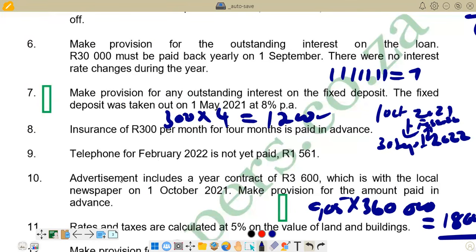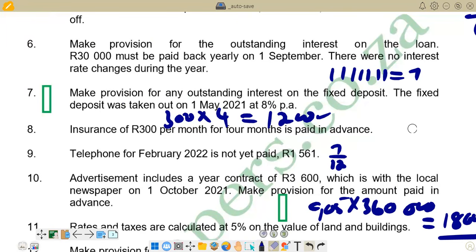So to calculate that amount, we say 7 over 12, then we multiply by the whole amount, because we just want to remove the months that are not in the financial period we are preparing.